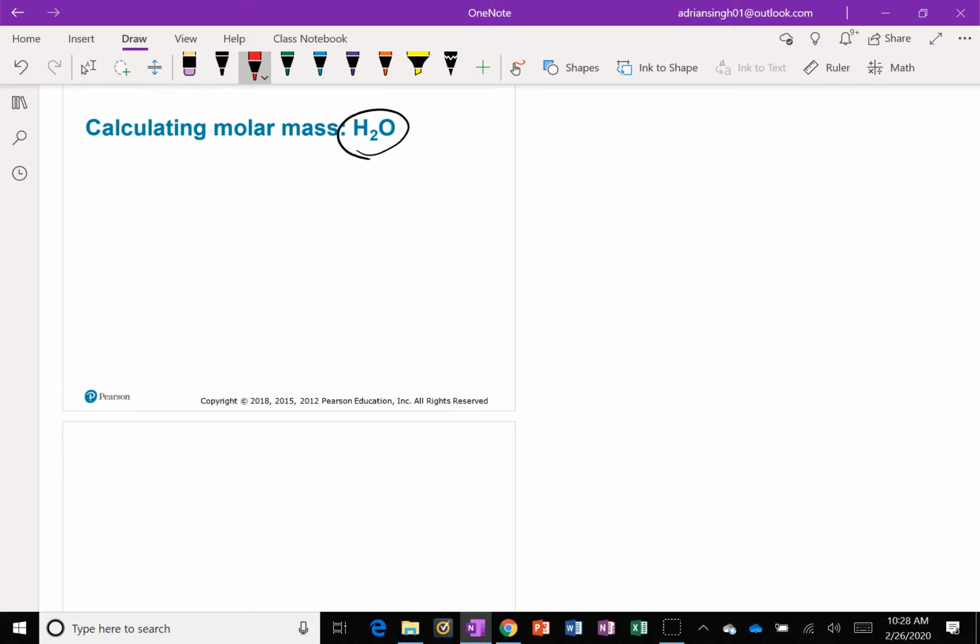To calculate the molar mass of a compound, you simply add together the individual molar masses for the elements.